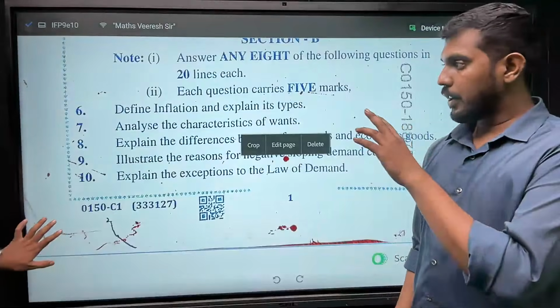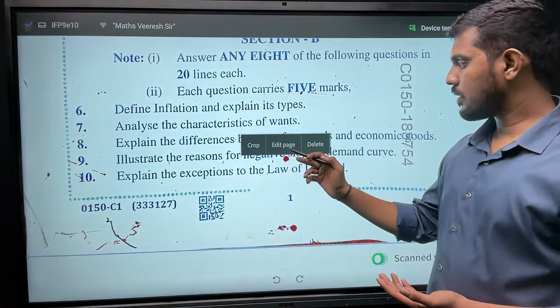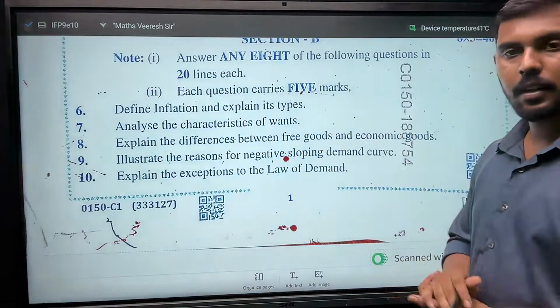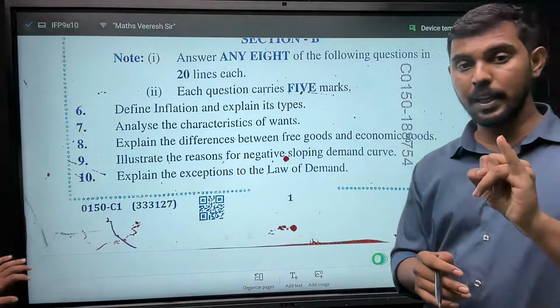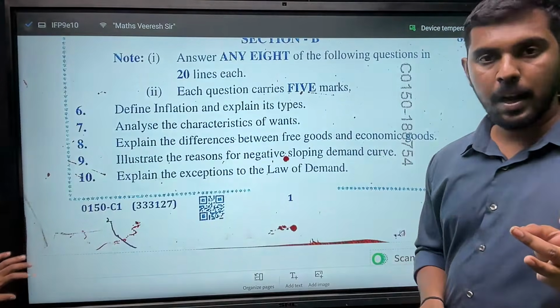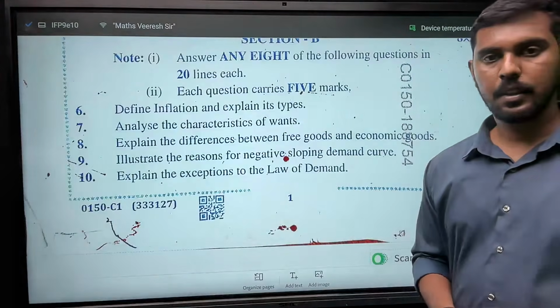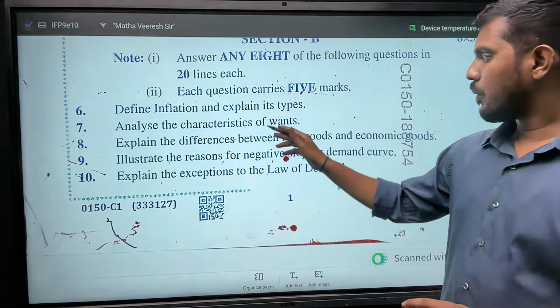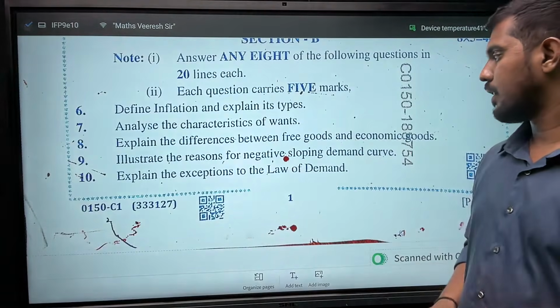In the March paper he gave wants and free goods and economic goods. In place of this, the supplementary may give utility. Write down utility, micro and macro, Robbins' scarcity definition. These 3 are also important in place of wants, free goods and economic goods.